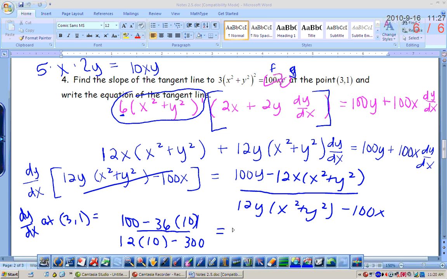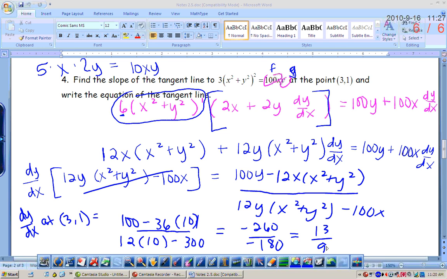This is not too bad to do by hand, really, because you've got 100 minus 360, which is negative 260. And 120 minus 300 is negative 180. So 26 over 18 or 13 over 9.